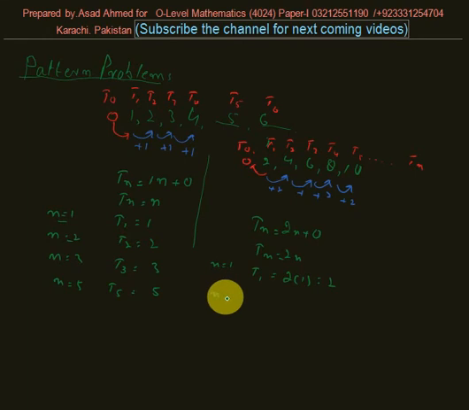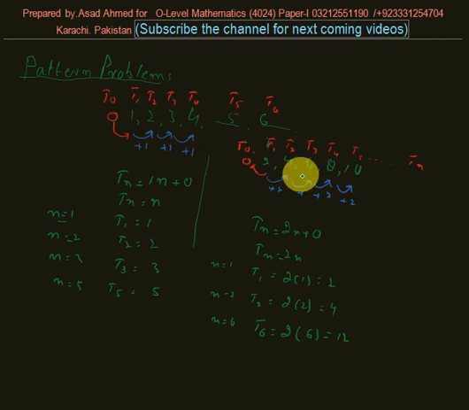When n is equal to 2, T2 becomes 2 multiplied by 2, which is 4. We just write the number instead of n. Similarly, we have to find the term 6. So n is equal to 6, T6 is equal to 2 times 6, and it becomes 12.